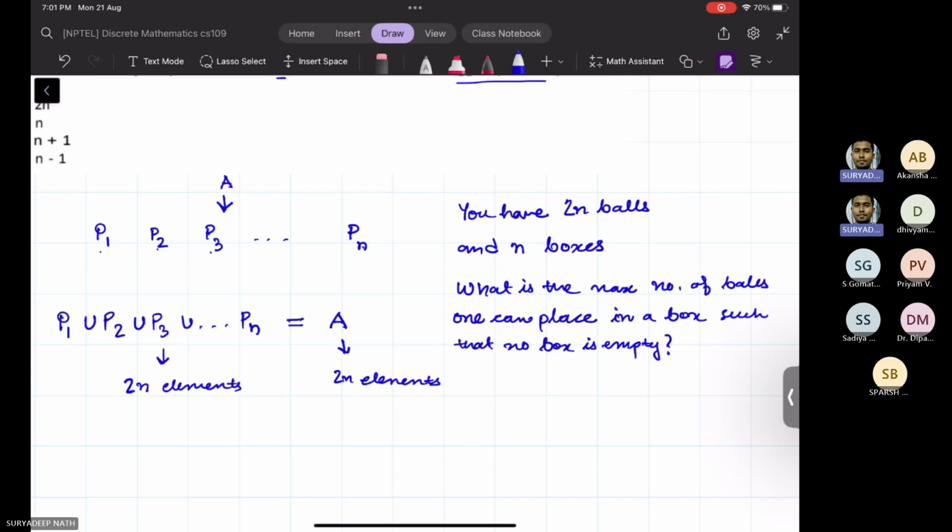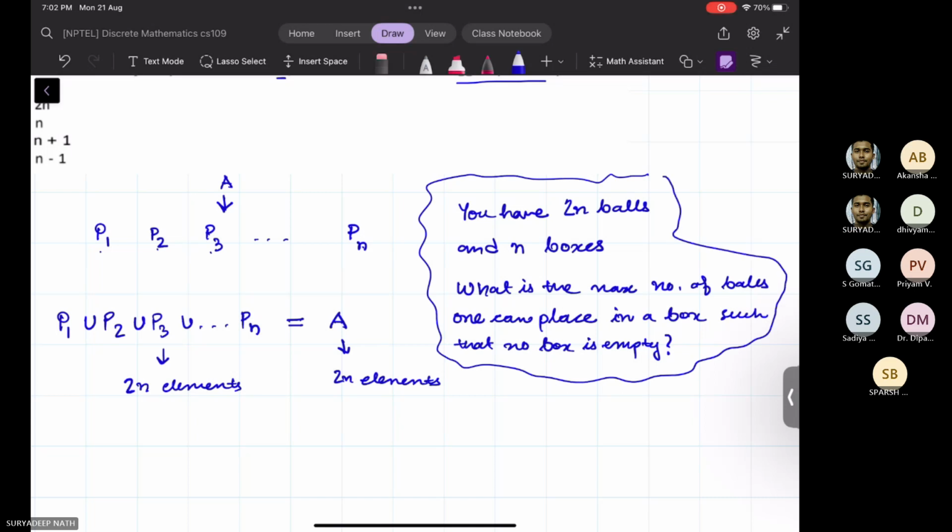So basically, we have to solve this question. What do you think of this question? You have 2n balls and n boxes. What is the maximum number of balls that you can place in a box such that no box is empty?